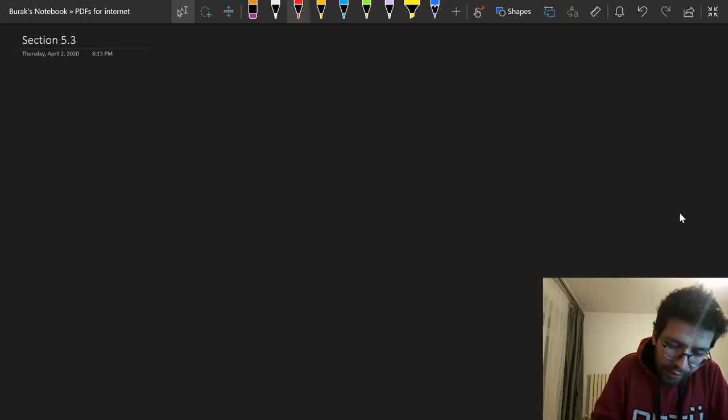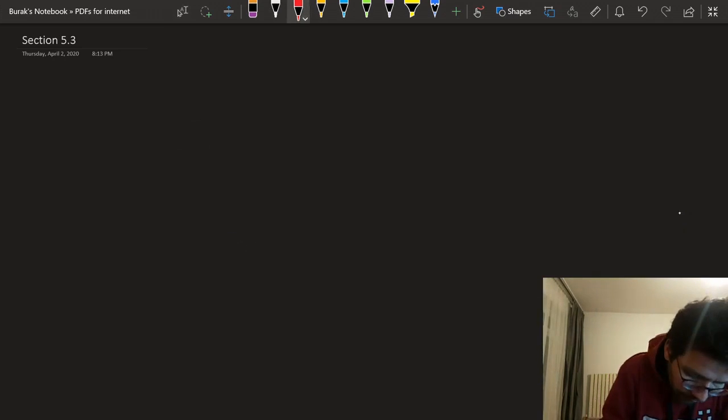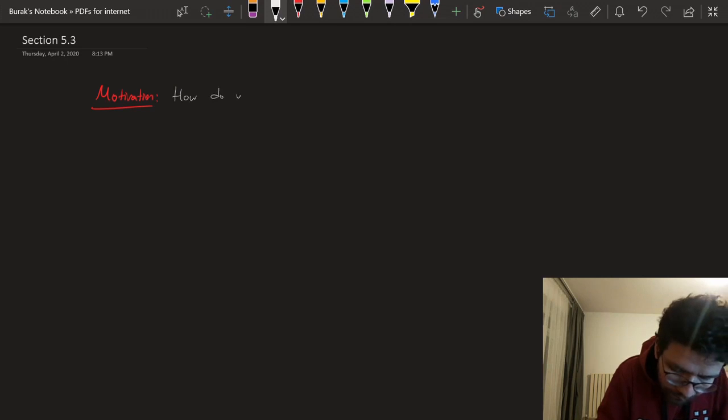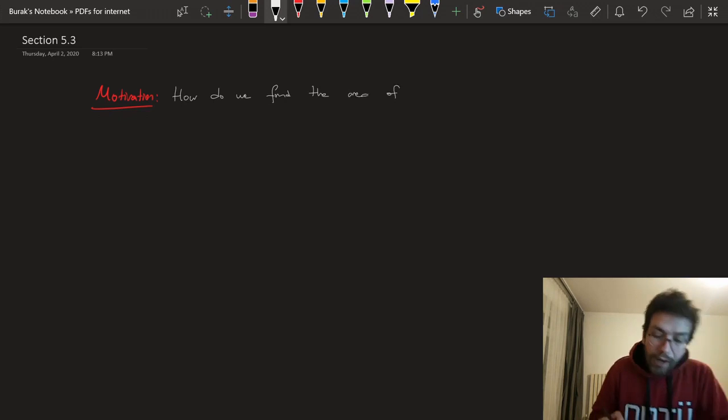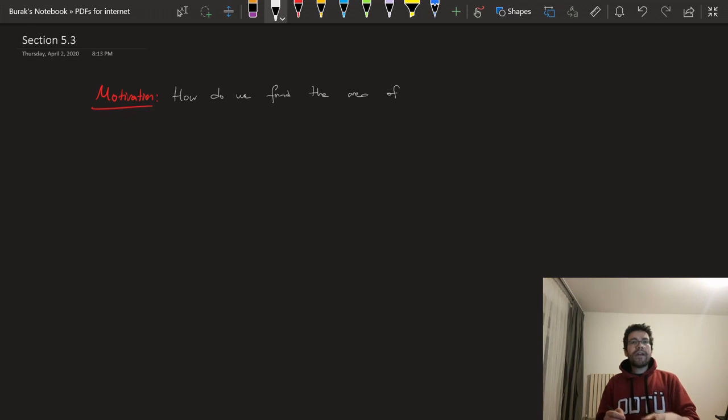So let me write the following down. So our motivation is this. How do we find the area? I'm going to first focus on finding the area of regions which are regions between the graph of a function and the x-axis over some interval.